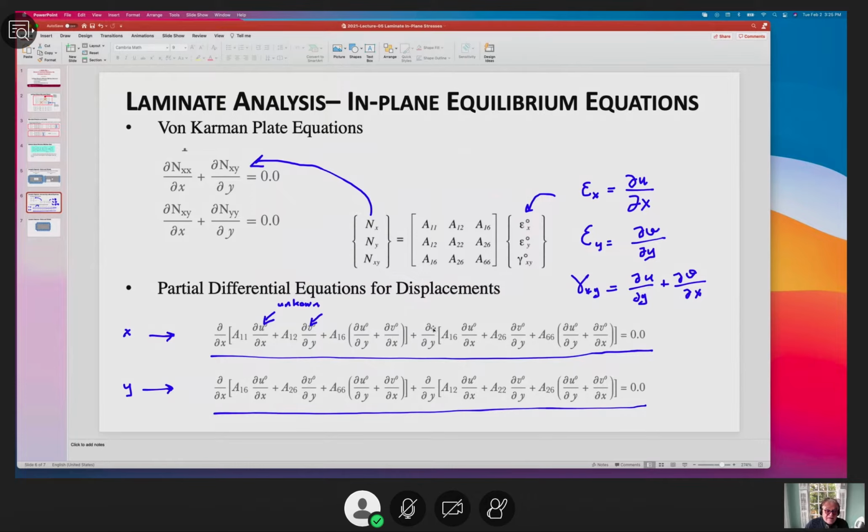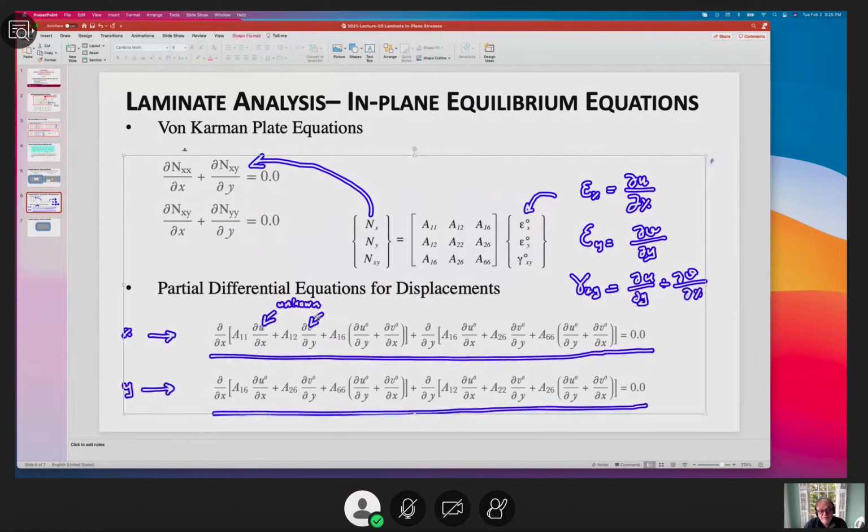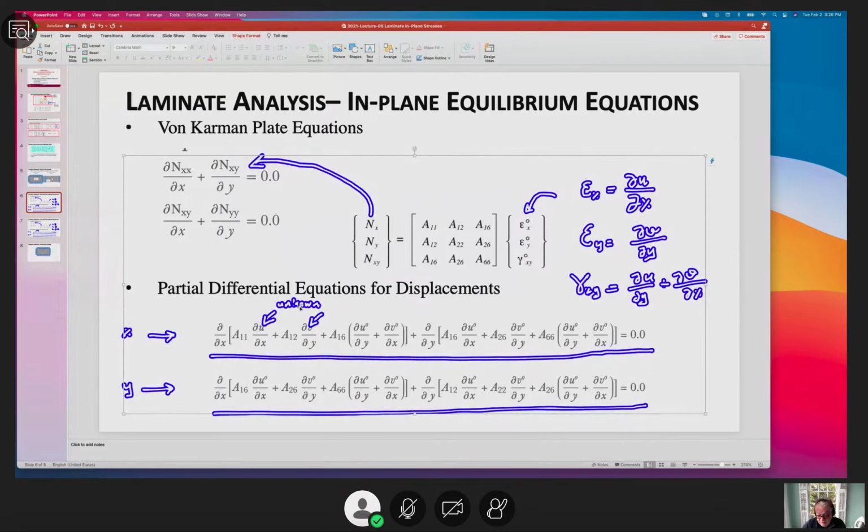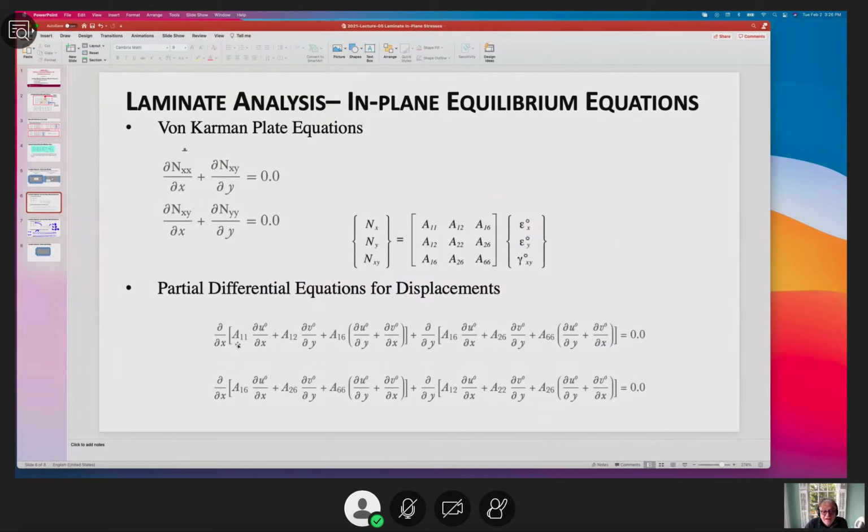But there is something that I want to point out right away before we get to those. And I'm going to duplicate this slide so I don't lose them. All right. This still looks cluttered by the fact that there's partial x in here.